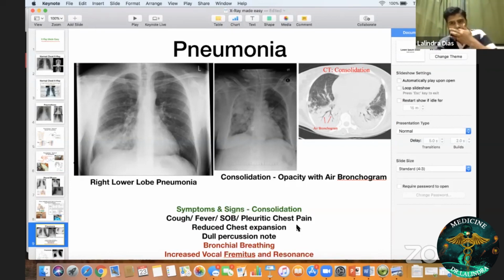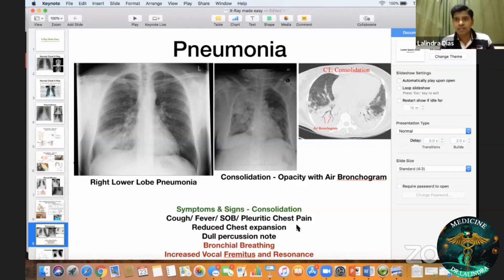What clinical features do you get in a pneumonia? The patient usually presents with cough, shortness of breath, and when he coughs, he brings out infected phlegm. He will complain, my sputum is yellowish in color, because it's infected sputum.